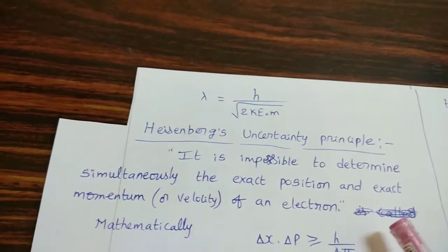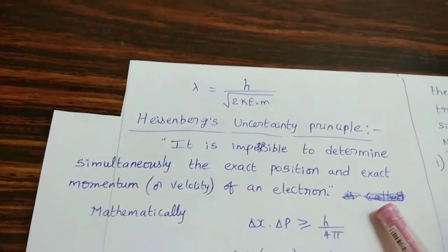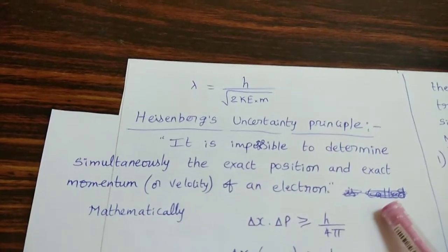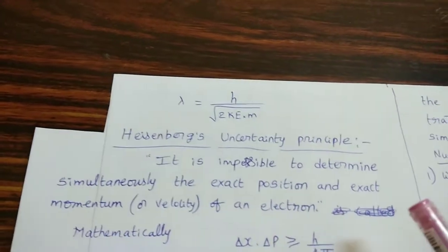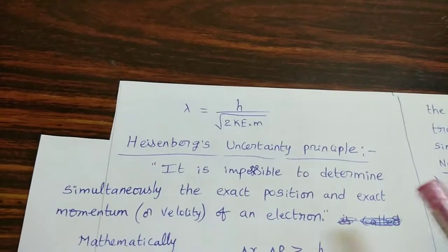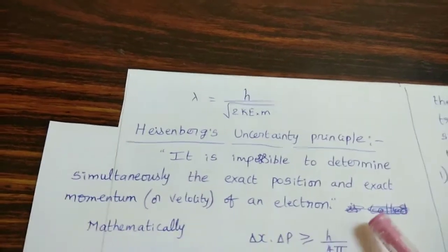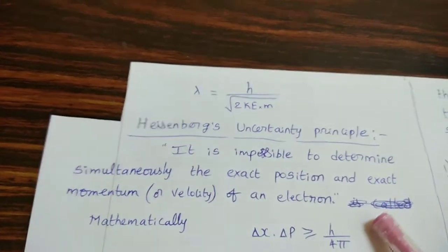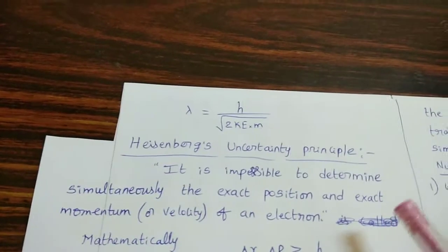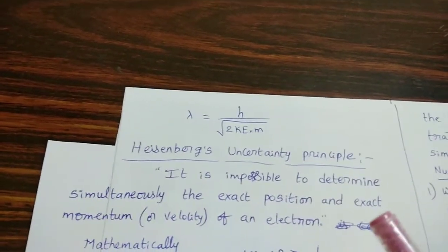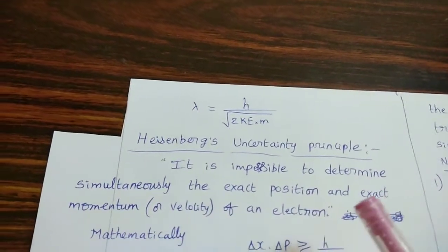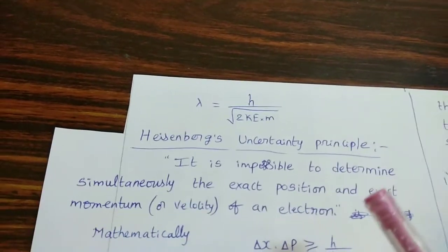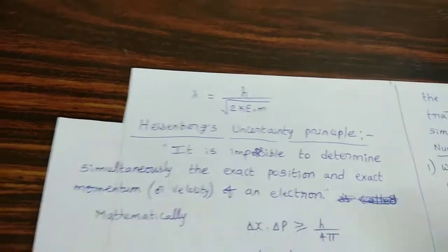If position is determined exactly, then we cannot say the momentum of the electron exactly. If we determine the momentum of the electron accurately, then position we cannot determine. So any one parameter we can determine, not both the parameters at the same time. That is the Heisenberg uncertainty principle.